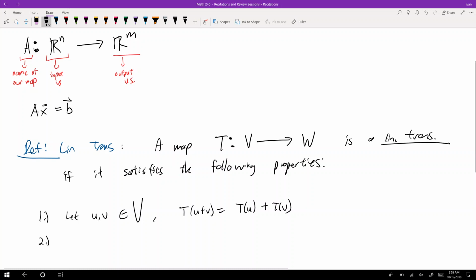And the second property then is, okay, so now let k be a scalar. Then you want T of ku is equal to k times T of u. All right, so if it satisfies these two properties, then we know we have a linear transformation.